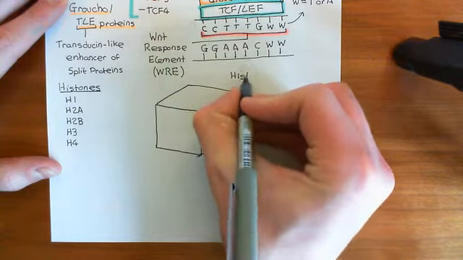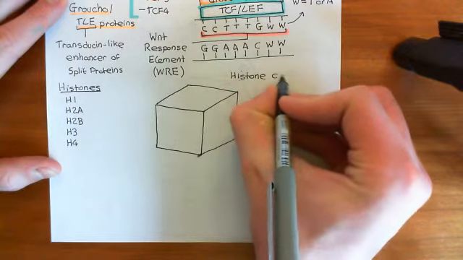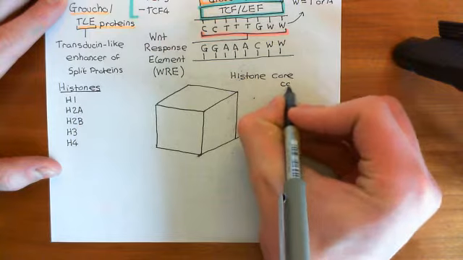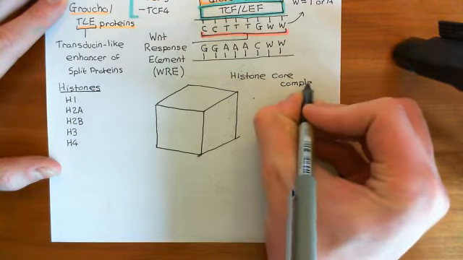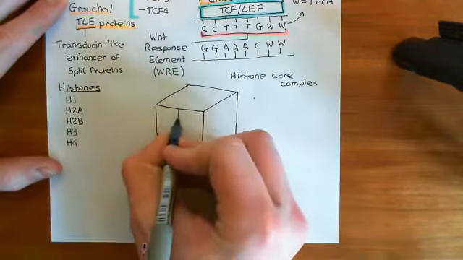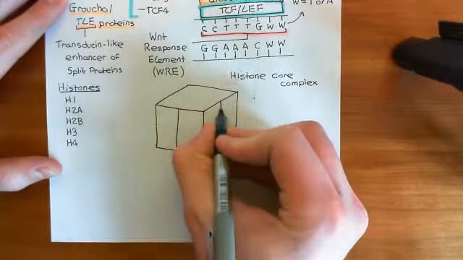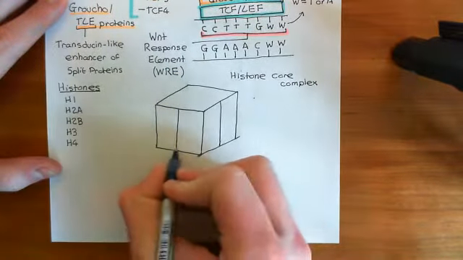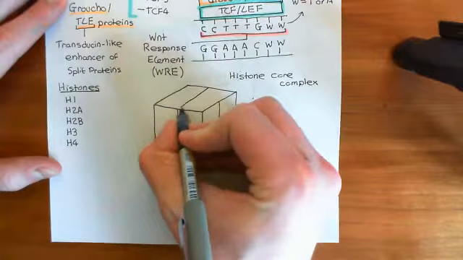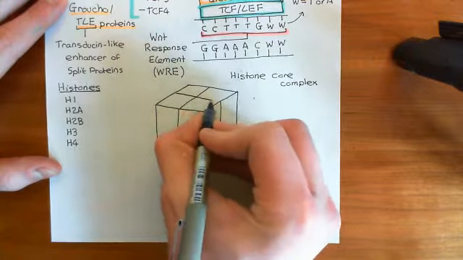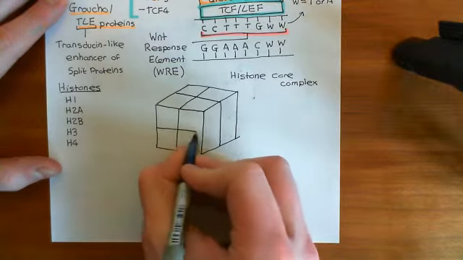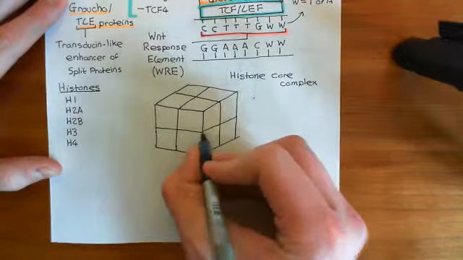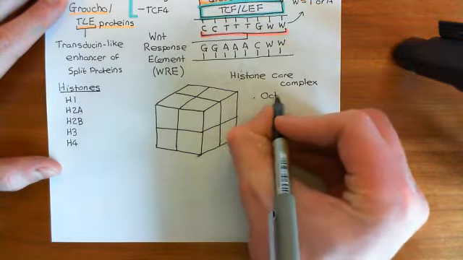Okay, and basically it is an octamer of 8 separate histone proteins bound together. So let's split it up to make it obvious that it is made up of 8 separate portions here. Okay, so these lines are going to divide up the histone core complex into these 8 separate parts. So it is an octamer then.